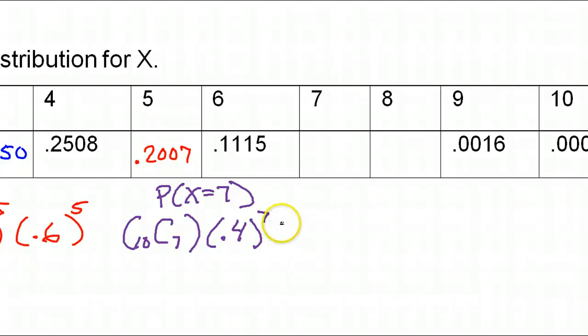These two will always match. Now, probability of failure, and the power is the number of failures. If there's a total of 10 chances and there are 7 successes, that leaves 3 failures for a total of 10. And just put this in your calculator, just like it is. And I'm getting 0.0425.